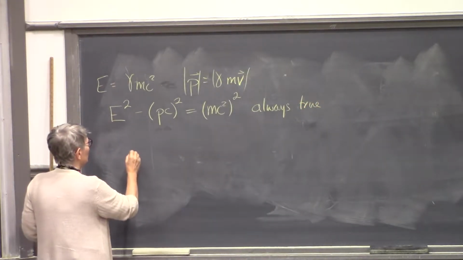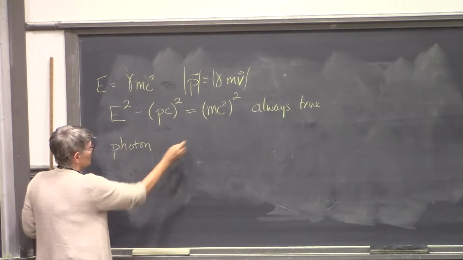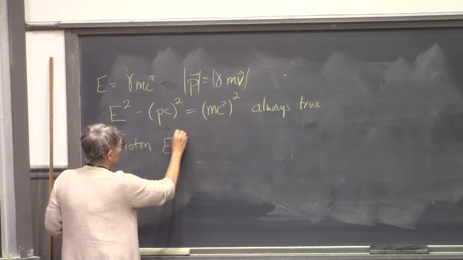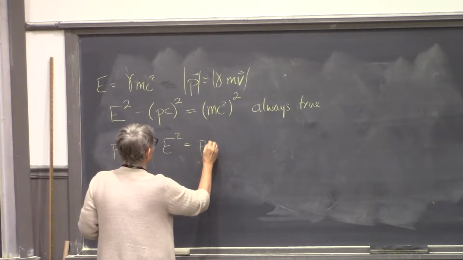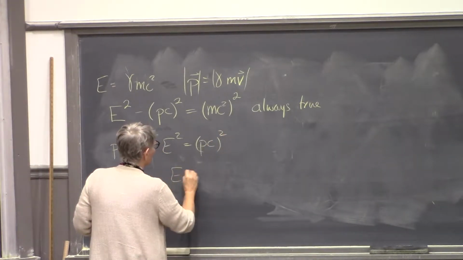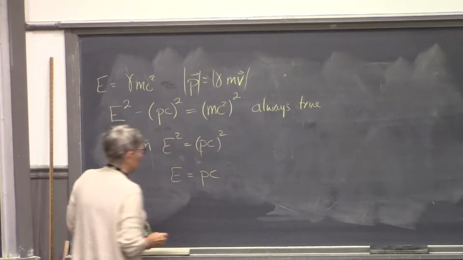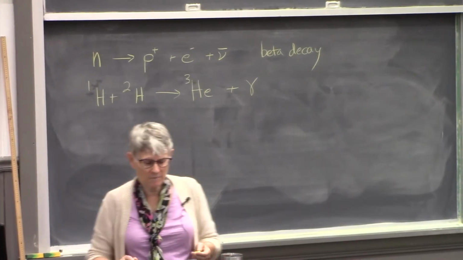And for a photon, since this term is 0, E squared equals pc squared, or E equals pc for a photon, which is often a useful relationship to keep in mind.